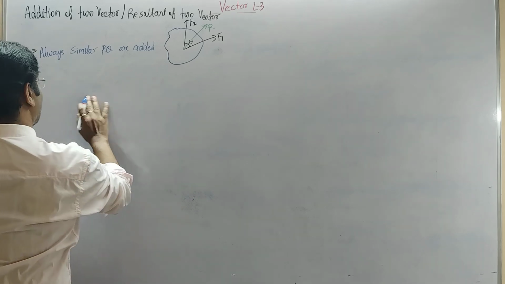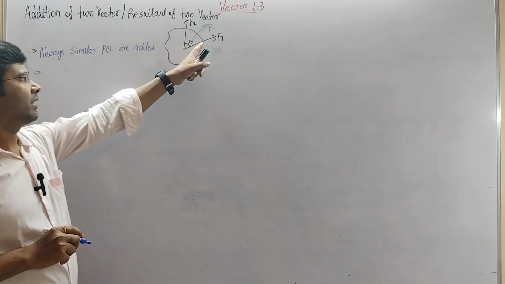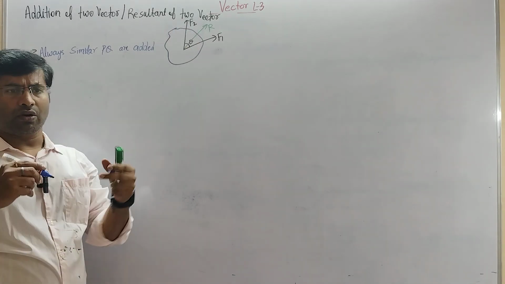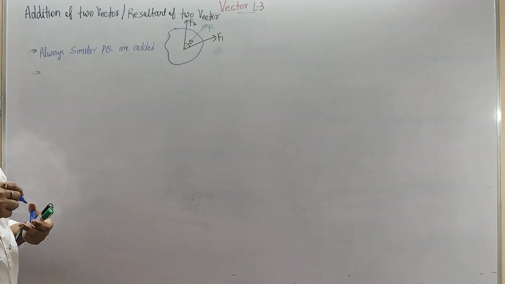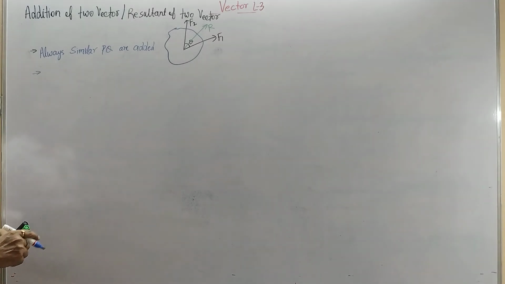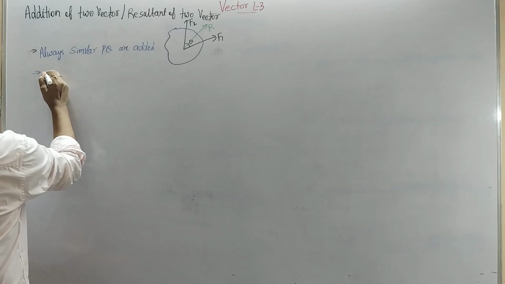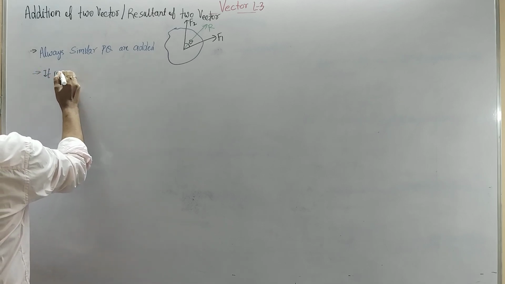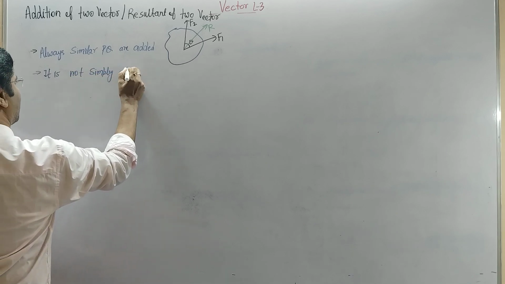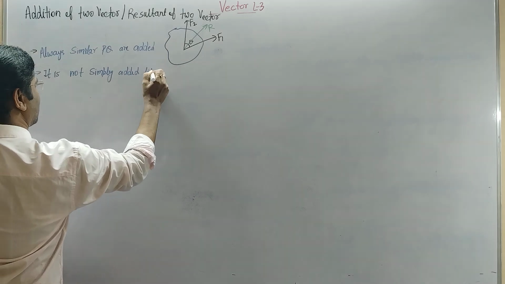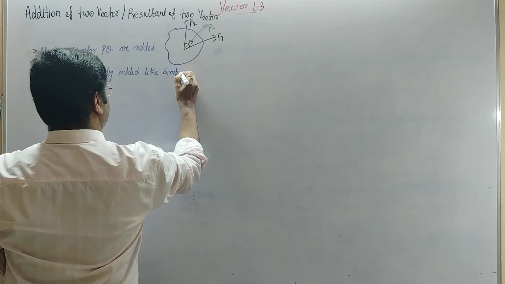Second point, it's not like simple algebra addition. Here, if we add two vectors, we will not follow the simple method, like 2 plus 2 equal to 4, 2 plus 3 equal to 5. It is not simply added like simple algebra.